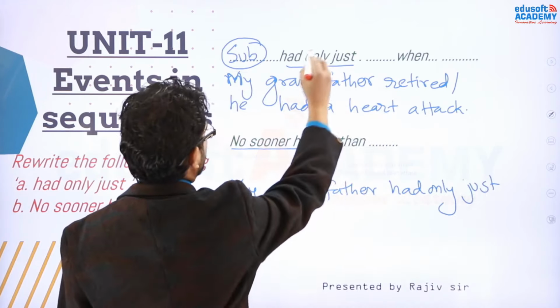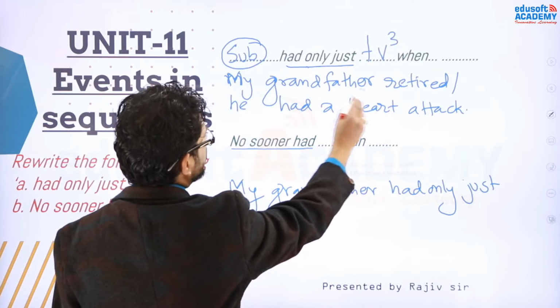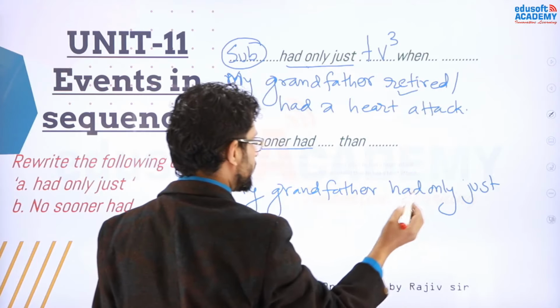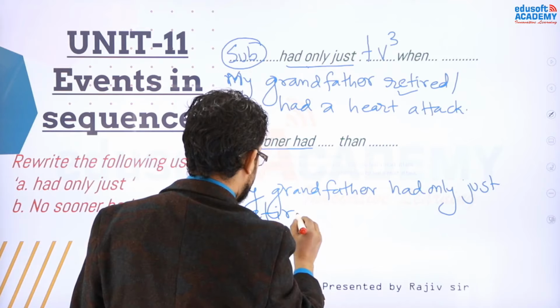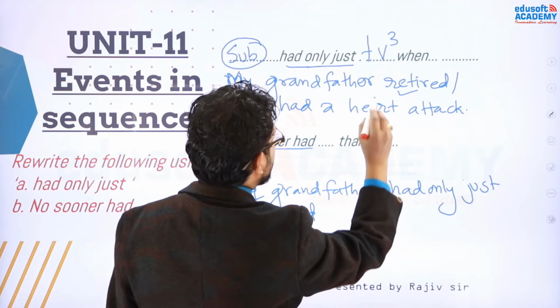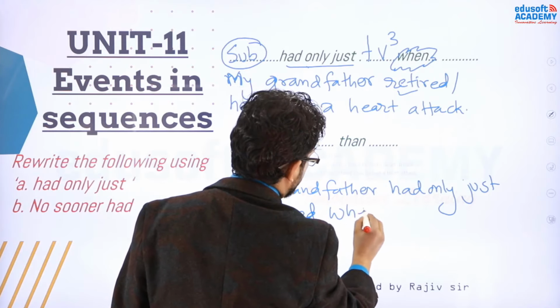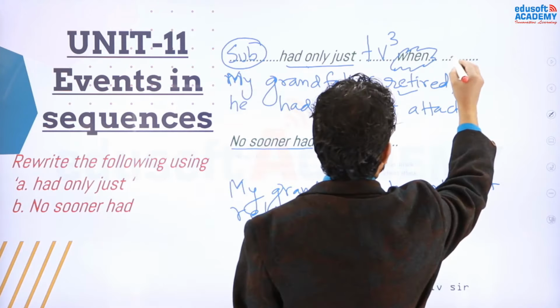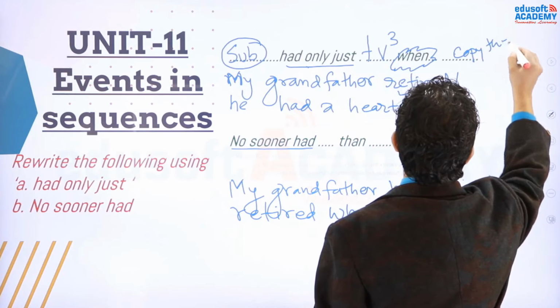After that, you are going to supply the third form of the verb. What is the third form of verb over here? Retired, R-E-T-I-R-E-D. And after that, you simply use "when," and after writing "when," copy the second event.